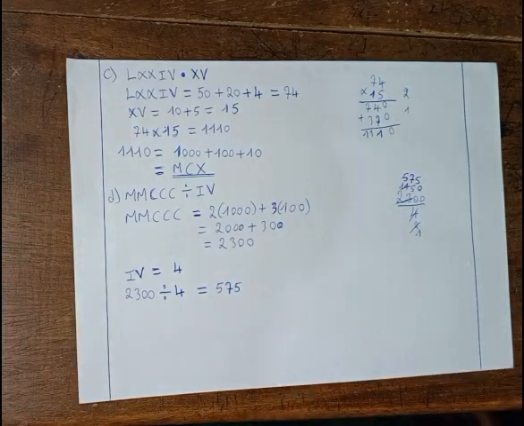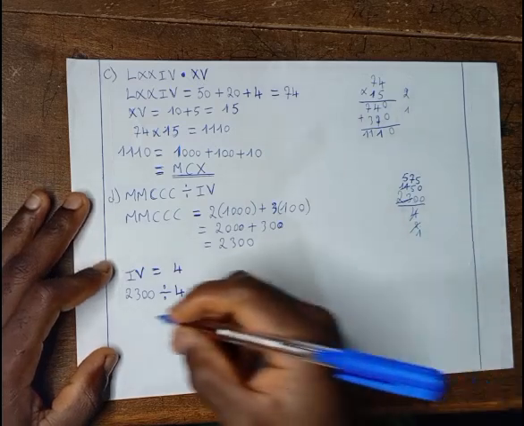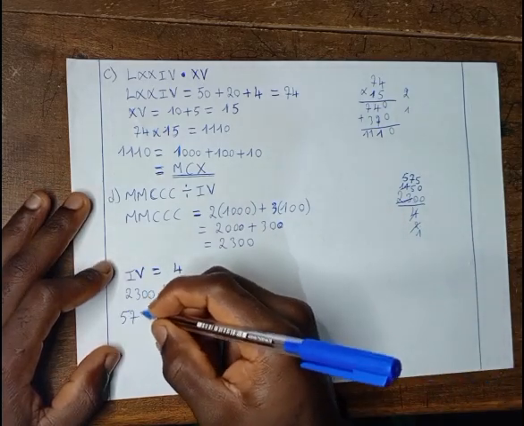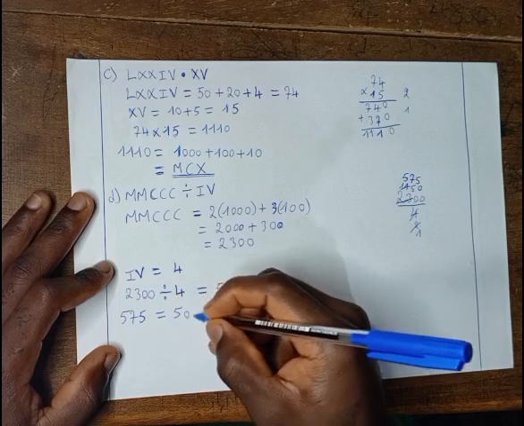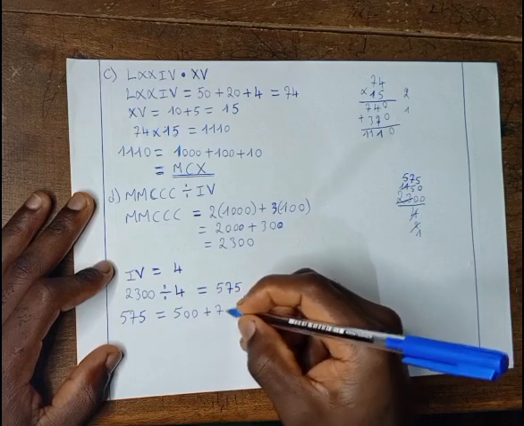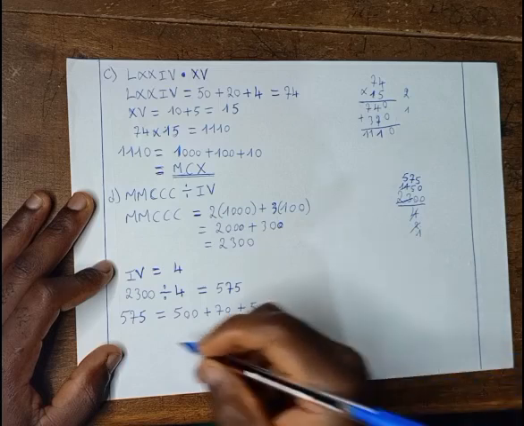Next, we have to convert the number 575 to Roman numerals. 575 is the same as 500 plus 70 plus 5.